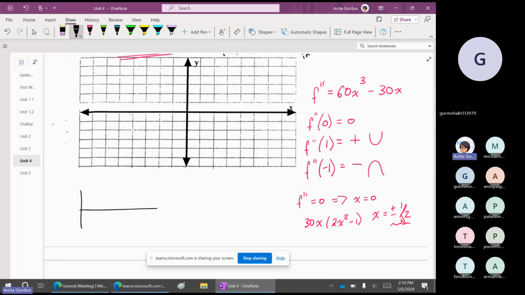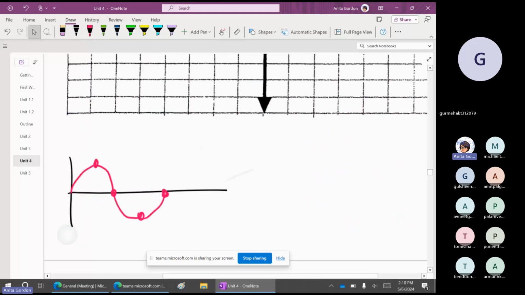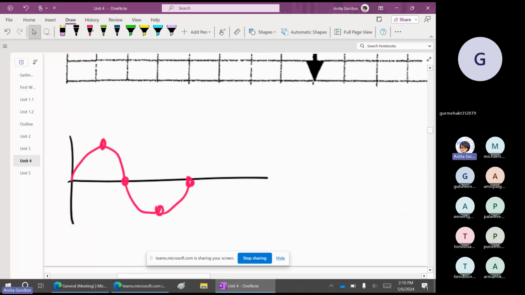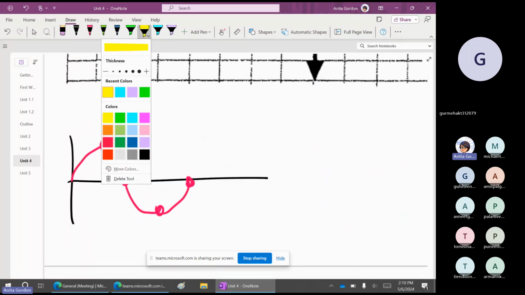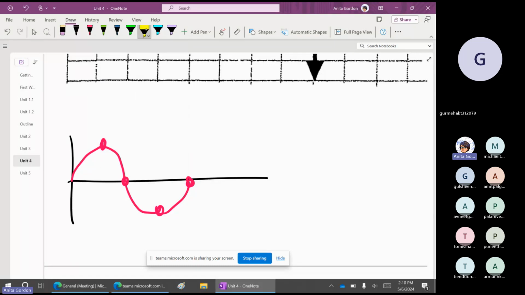I want you to think of a sine cosine graph. When you go up to the top, down, like this, when we do sine waves, right? On this interval, it is decreasing. But can you see how there's a bit of a change of direction?